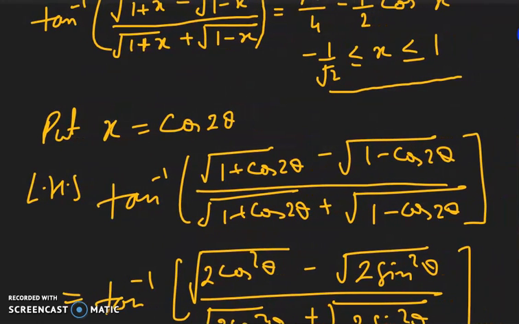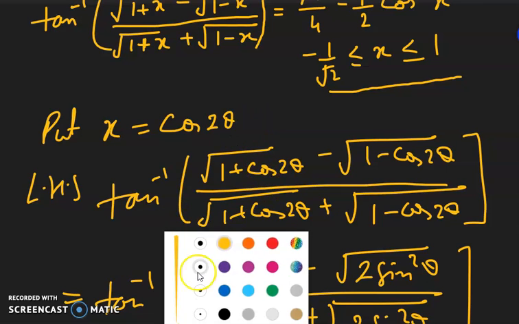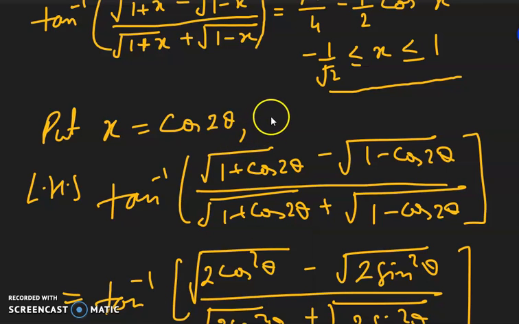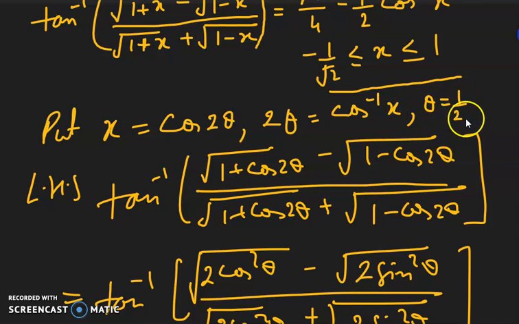So 2 theta is equal to cos inverse x, or theta is equal to half cos inverse x.